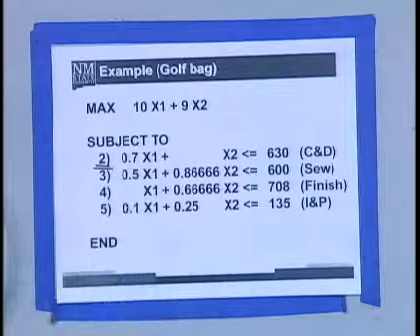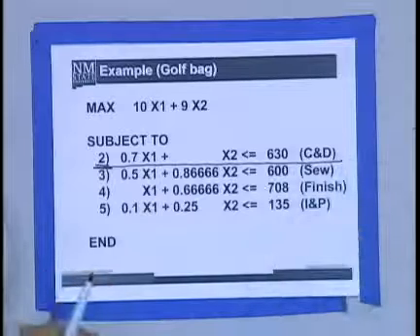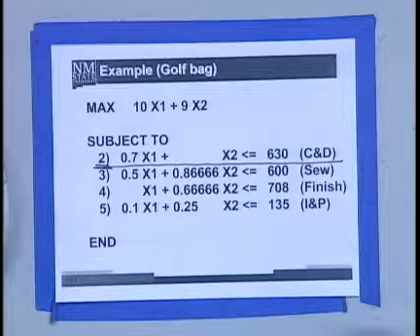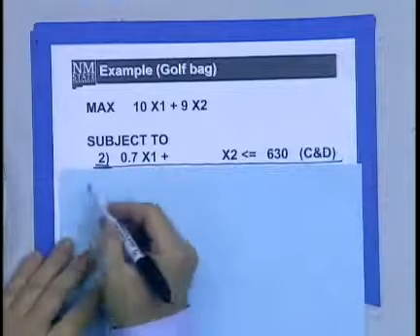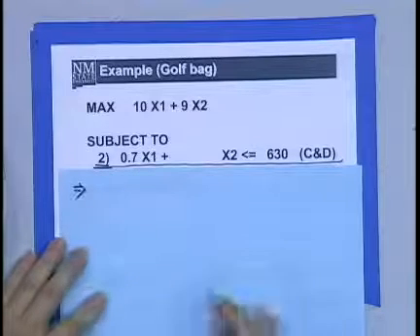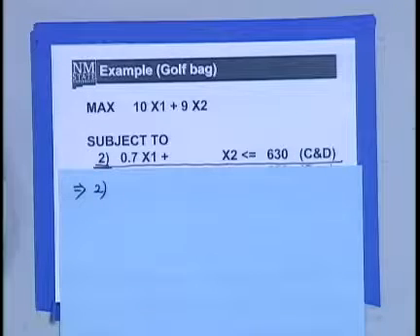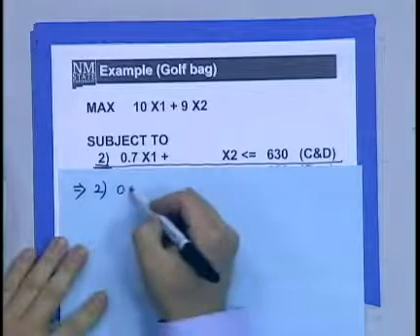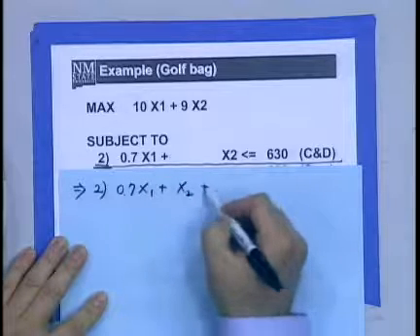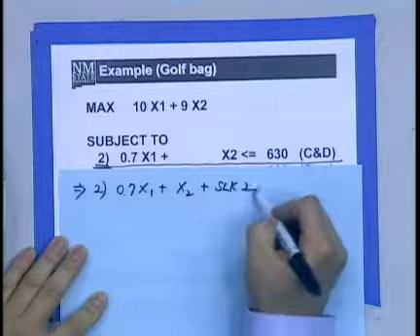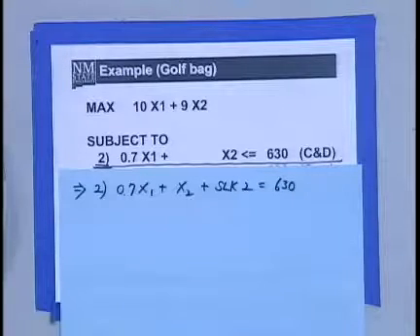Which represents the time constraint for cut and die department. Again, by introducing slack variable, we will obtain equality constraint, right? Which is 0.7 x1 plus x2 plus slack 2 equals 630, right?